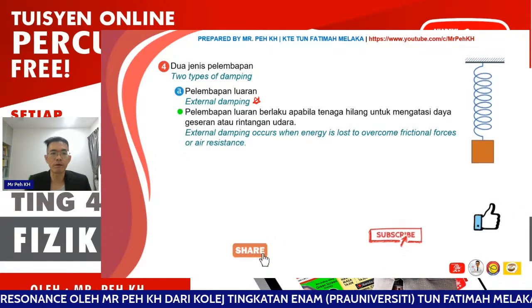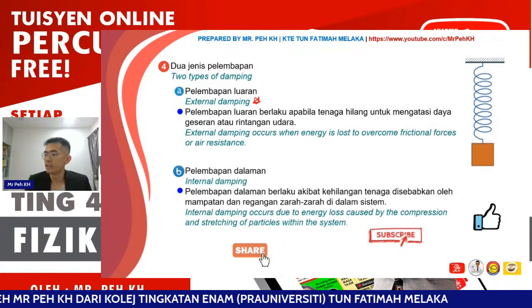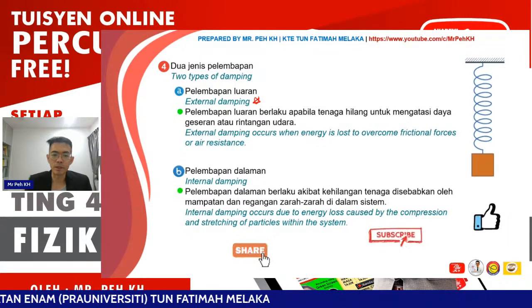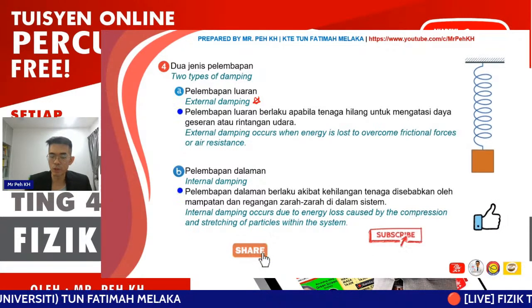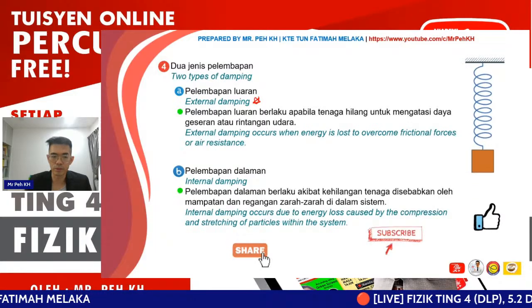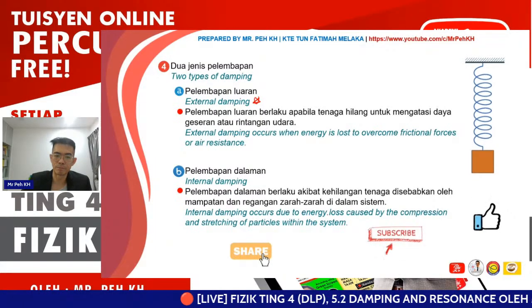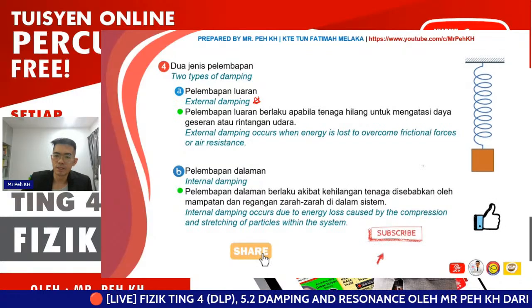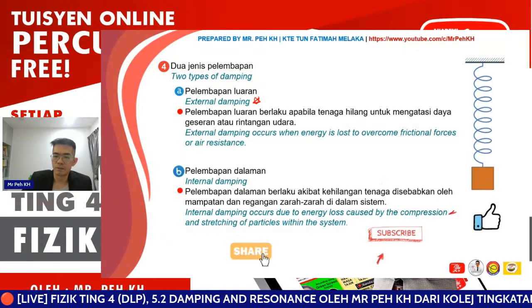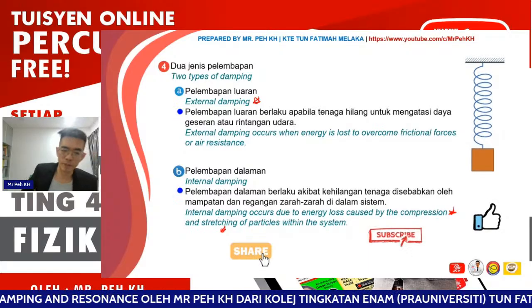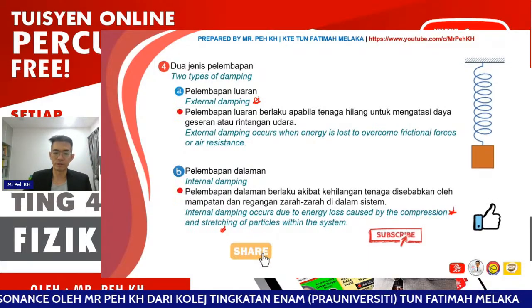Another type of damping here will be internal damping. Internal damping occurs due to energy loss caused by the compression or stretching of particles within the system. So this is the internal damping, due to the compressing and stretching of the particles in the system.